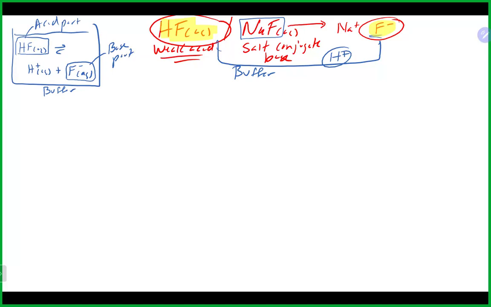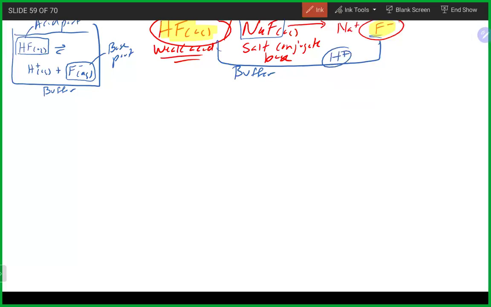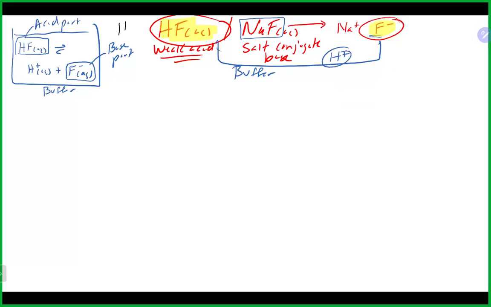So if we were going to take the hydrochloric acid like we did with water, and we decided we want to add our hydrochloric acid into this buffer here, because it's an acid, it is going to react with the buffer. It's going to react with the base part of the buffer in this case, which is the F minus.